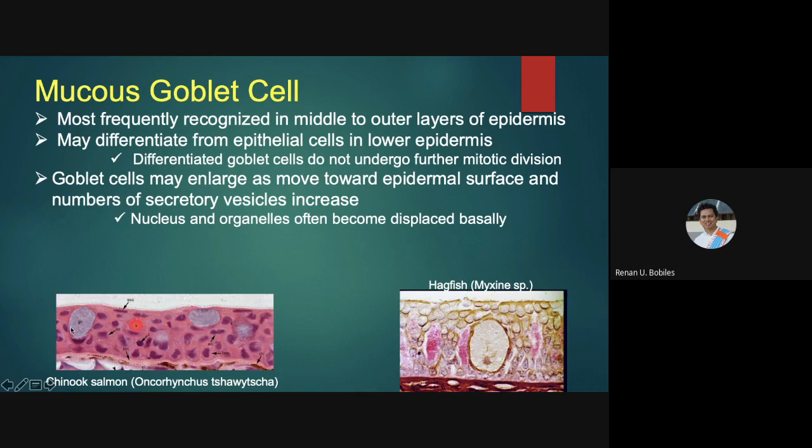This is the goblet cell. Kung makikita nyo, it is enlarged and it occupies large surface area of the epidermis. Ito yung mga epithelial cells. So, itong, yan. Okay? That's the epithelial cells. Ito yung parang nucleus niya. Okay?